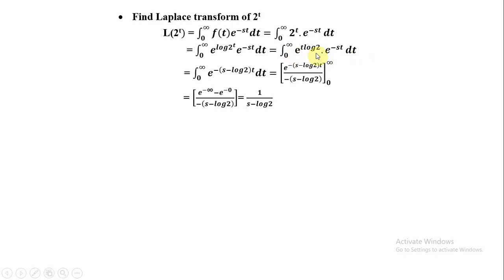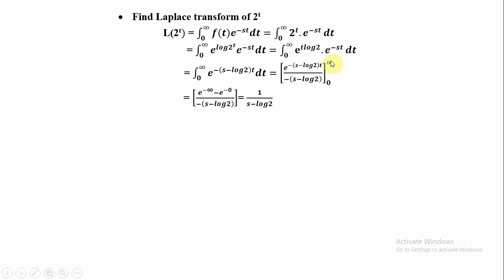Combine this exponential function and take negative t outside. So integral 0 to infinity e raised to minus of s minus log 2 into t dt equals integral of this exponential function, which is e raised to minus of s minus log 2 into t by minus of s minus log 2, within the limit 0 to infinity.